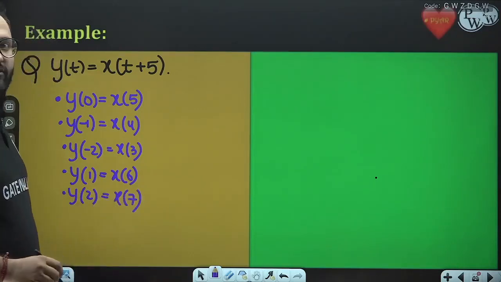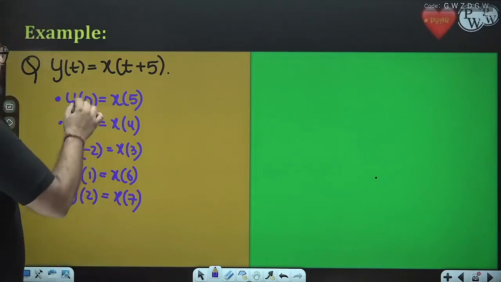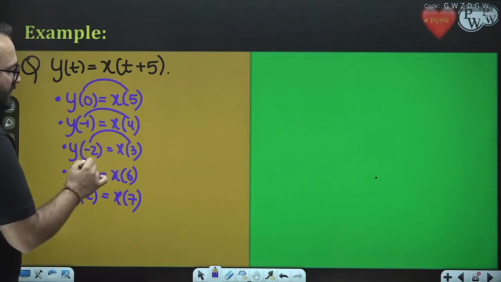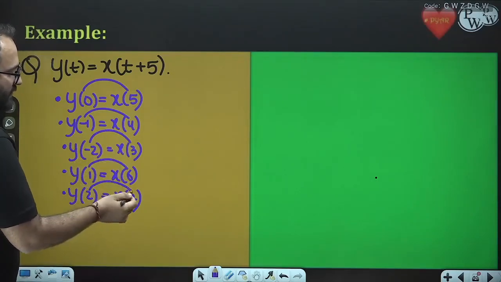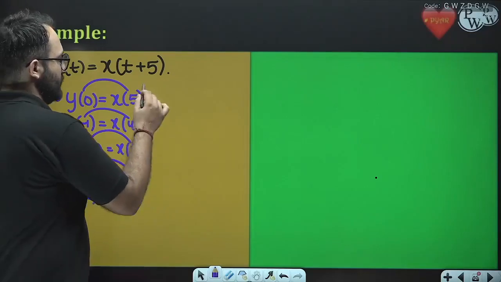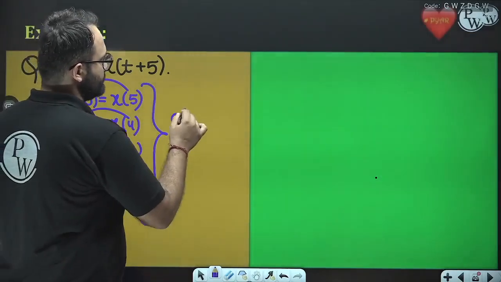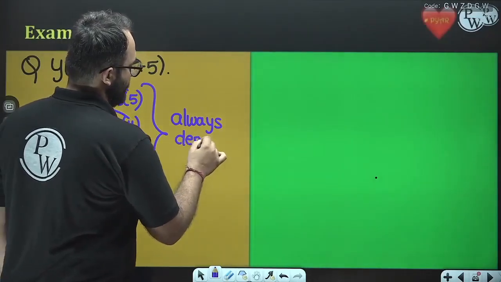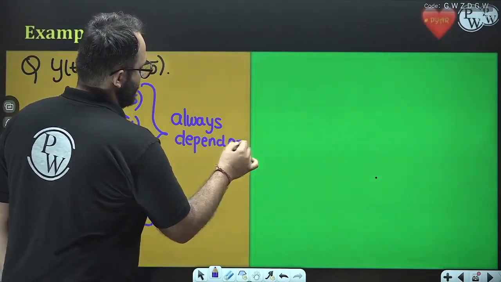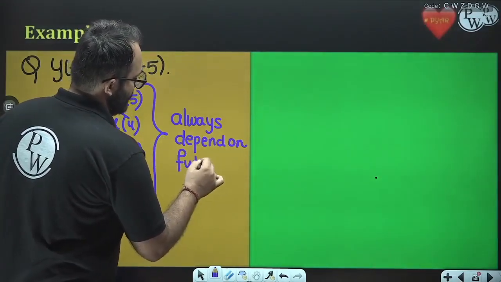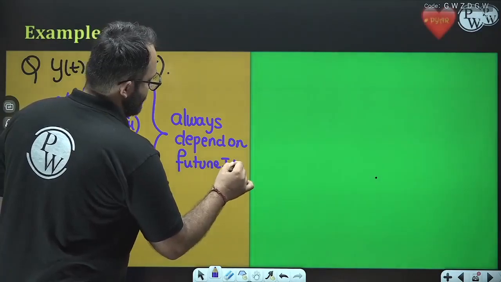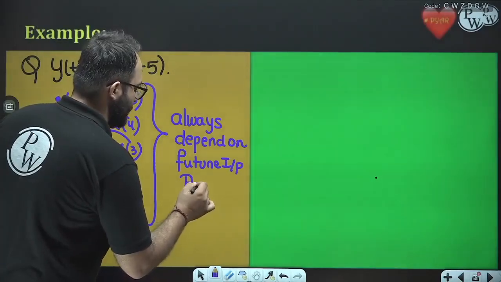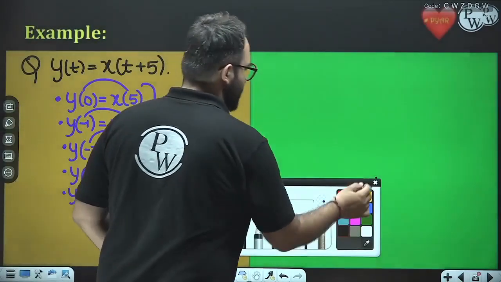So we can see that the output is always dependent on future inputs. So it is an anti-causal system.